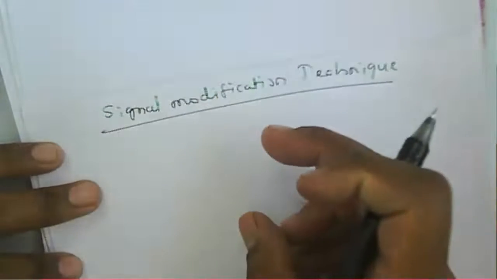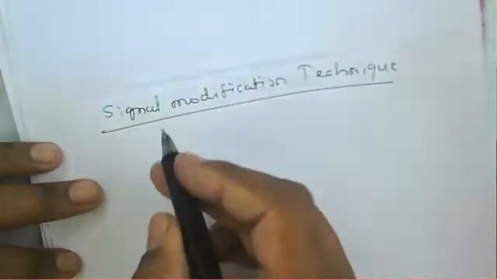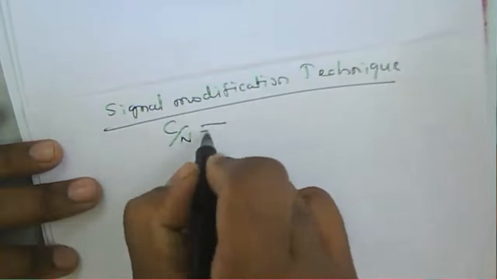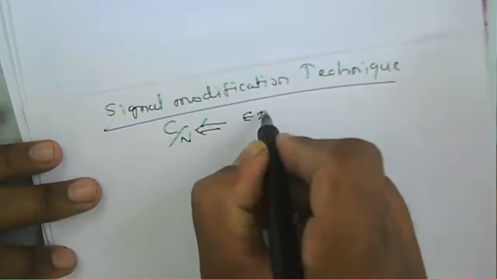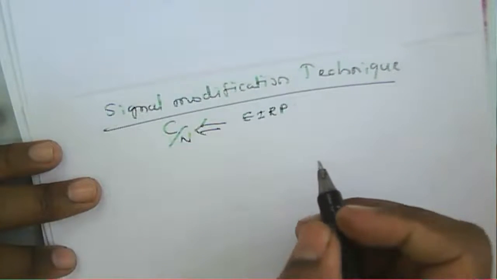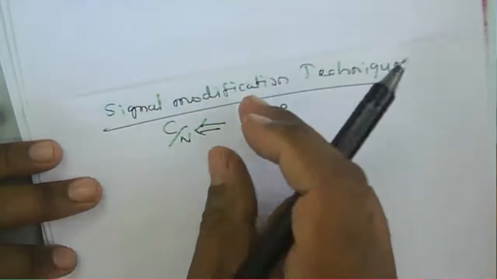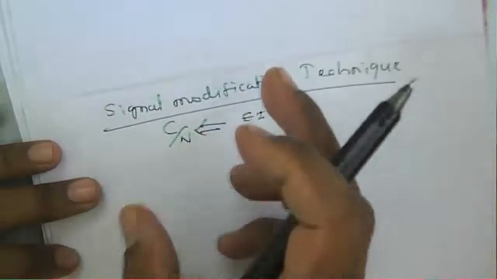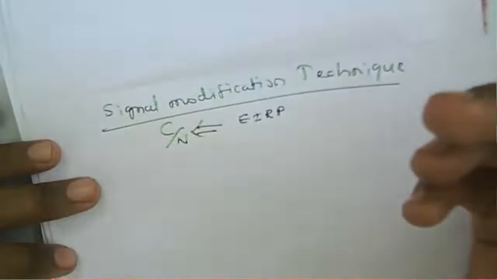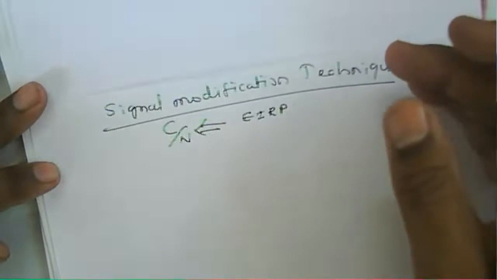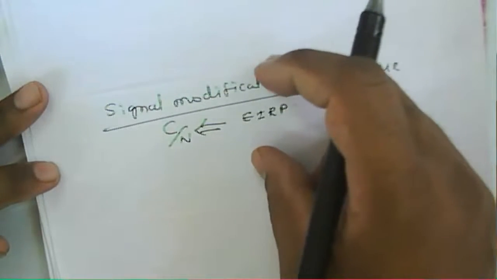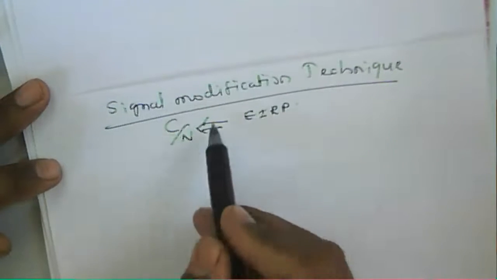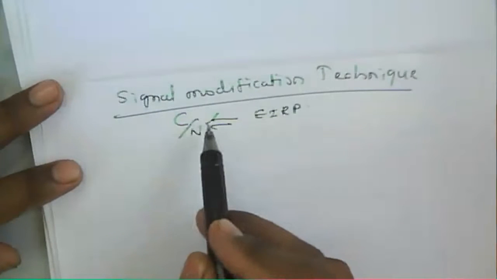Earlier we said that we need to improve the C by N ratio by increasing the EIRP, so that whichever signal is attenuated due to the attenuation, it may not be affected, by increasing the C by N and the EIRP.